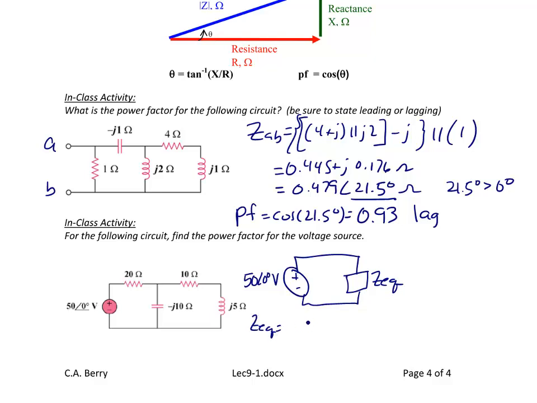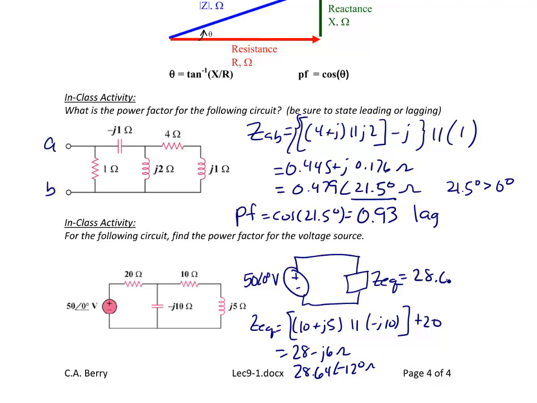ZEQ is equal to 10 plus j5 in parallel with negative j10. To the result of that quantity, we add 20. So the impedance is 28 minus j6 ohms, or in angle notation, 28.64 with an angle of negative 12 degrees.